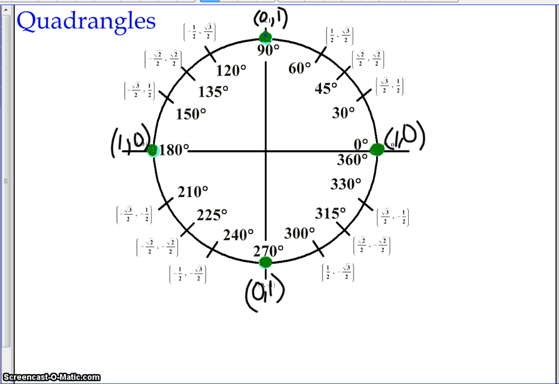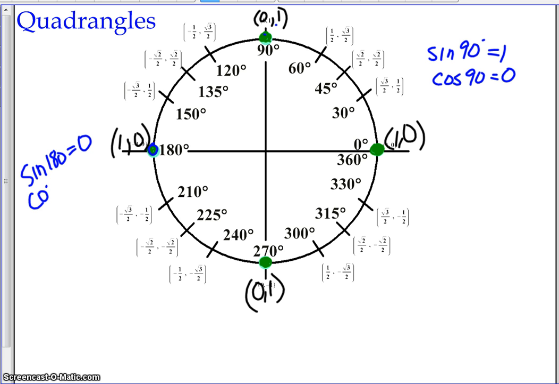So like this point right here at 90 degrees, the sine would be 1. So the sine of 90 degrees is 1, and the cosine of 90 degrees is 0. Here at 180, the sine of 180 degrees is 0, and the cosine of 180 degrees is 1. See how it just follows? Oh, and I think I made a mistake. This would actually be a -1, so it's a -1 there. And this is a -1.